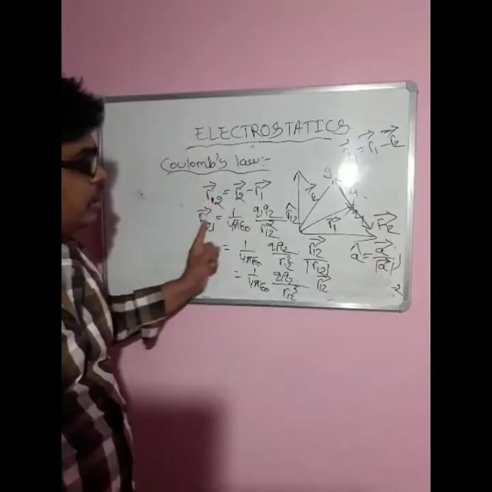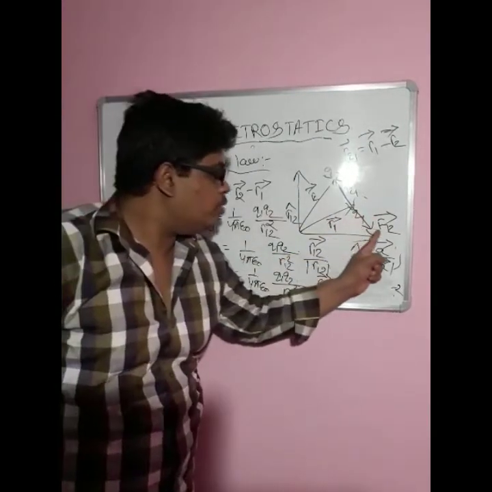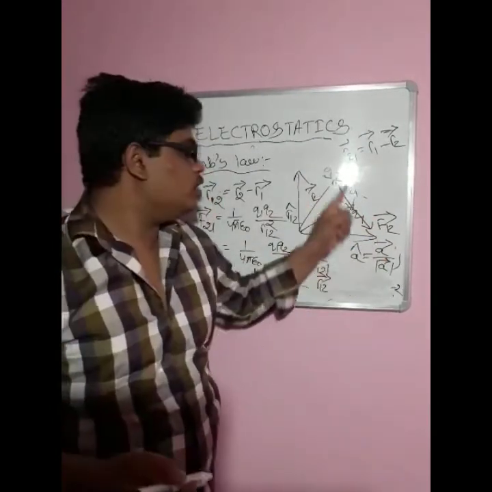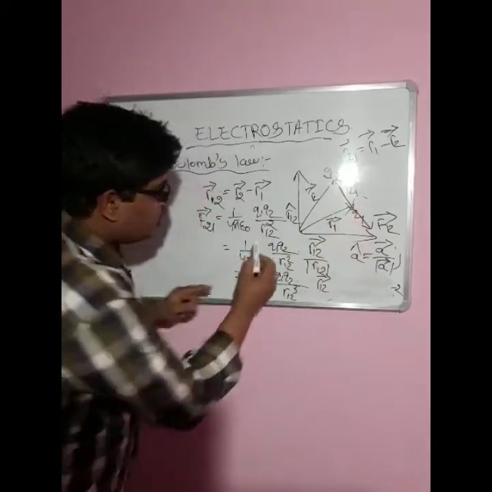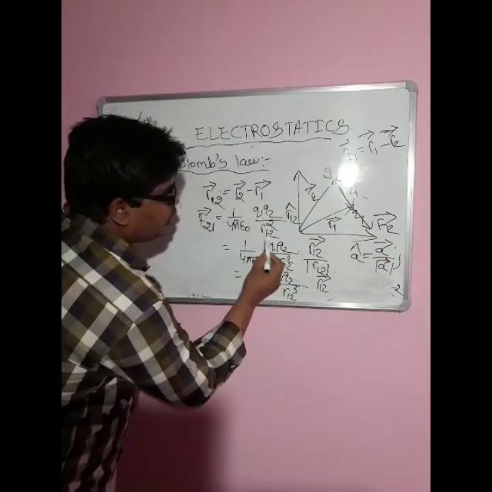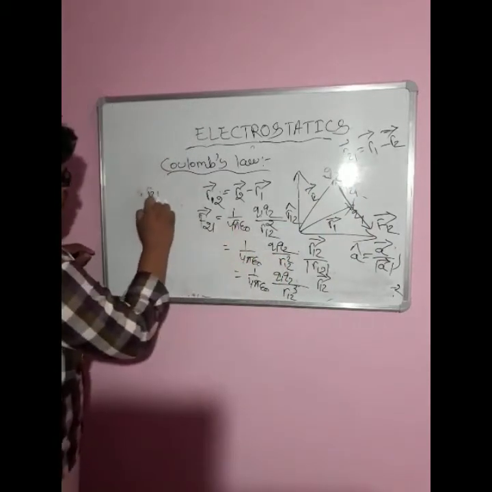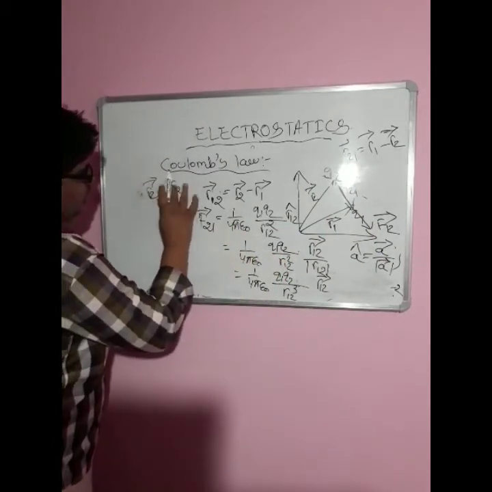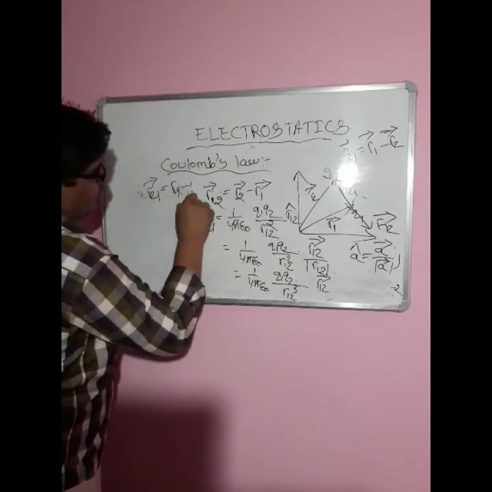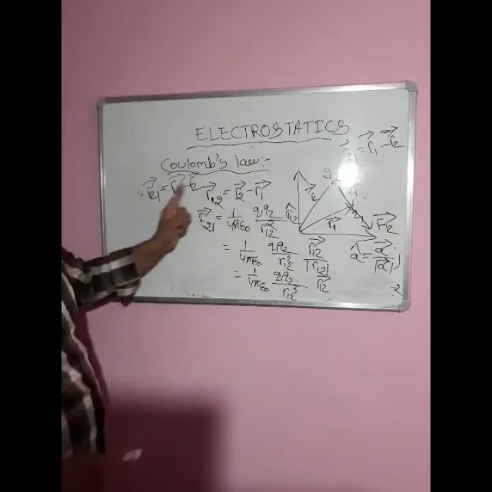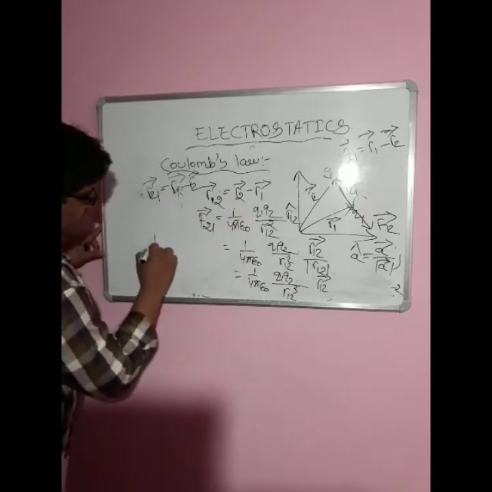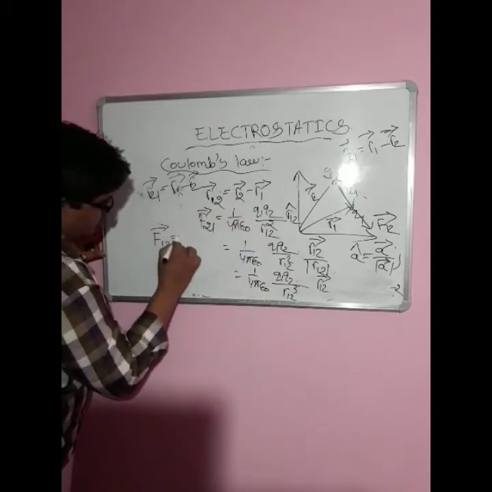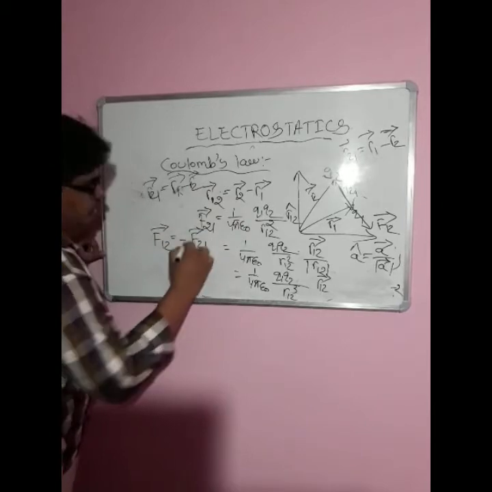The same formula here also: F12 is equal to 1 by 4 pi epsilon 0 Q1 Q2 by R21 square. Just change R12 to R21. What is R21? This is R1 minus R2, the same, but minus of this. So I can say F12 vector is equal to minus of F21 vector.